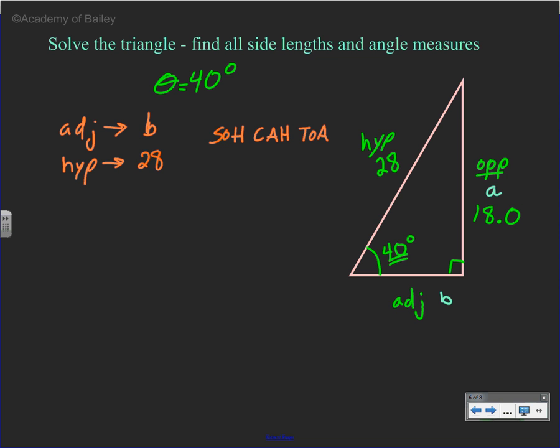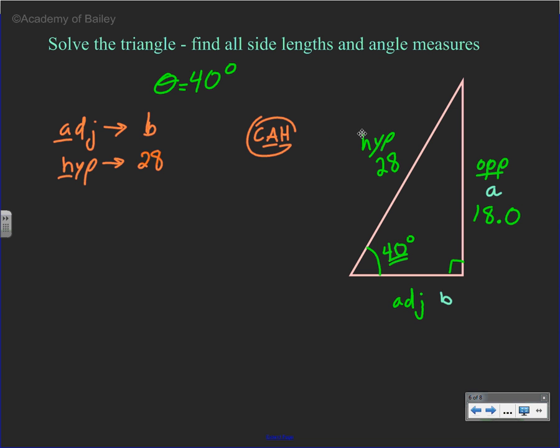So we're looking at A and H. Well, sine needs the opposite, and tangent also needs the opposite. Cosine uses the adjacent and the hypotenuse, and that's the one we're going to be using.